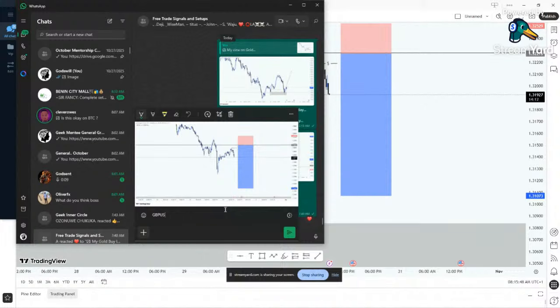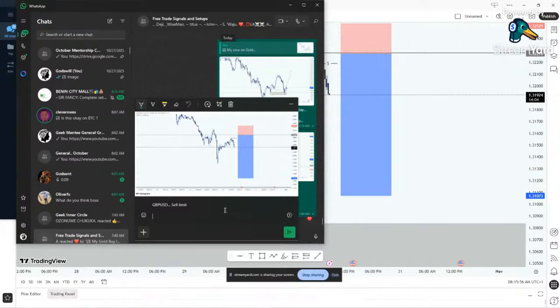So GBPUSD is a sell limit. Just a minute, let me type it out and then drop. The entry for this sell limit is about 1.32276.